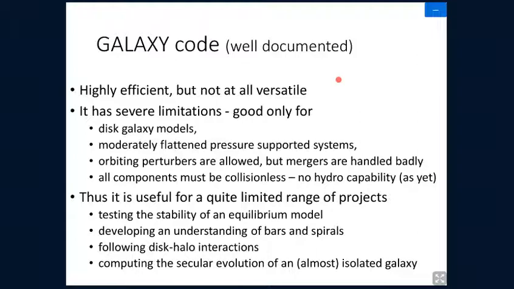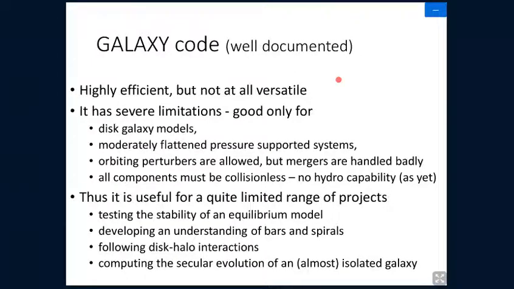And so far, all of the components have to be collisionless, so it doesn't have any gas dynamical capability as yet, and I don't know whether it ever will. But those are severe limitations, which means that you can only do a limited range of projects with this code. For example, it's good for testing the stability of an equilibrium model, as Mahmoud himself has already tried.